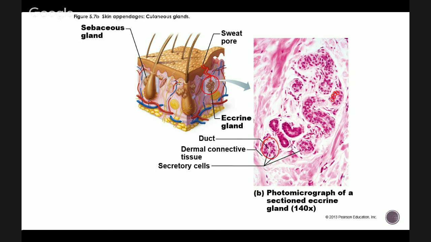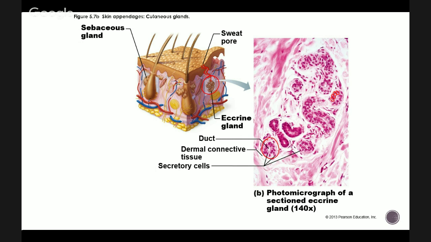But then we have another type of sweat gland, which is called the apocrine sweat gland. And the apocrine sweat gland is confined to certain areas of the body. And these are areas of the body that grow hair in response to the sex hormones becoming prevalent in the body during puberty.